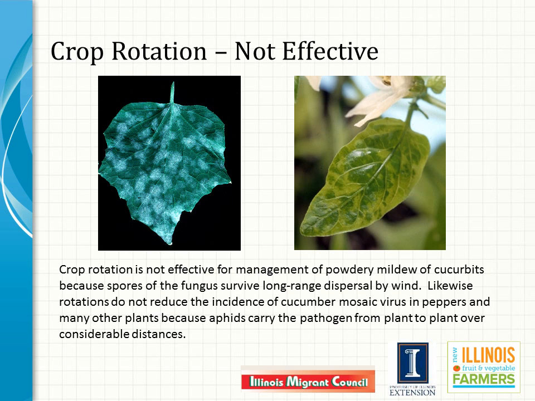Crop rotation is not effective for management of powdery mildew of cucurbits because spores of the fungus survive long-range dispersal by wind. Likewise, rotations do not reduce the incidence of cucumber mosaic virus in peppers and many other plants because aphids carry the pathogen from plant to plant over considerable distances.